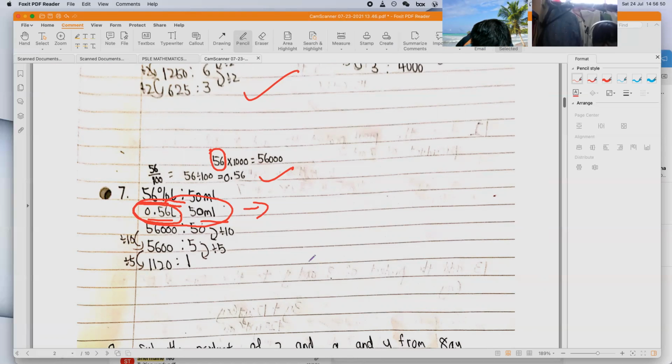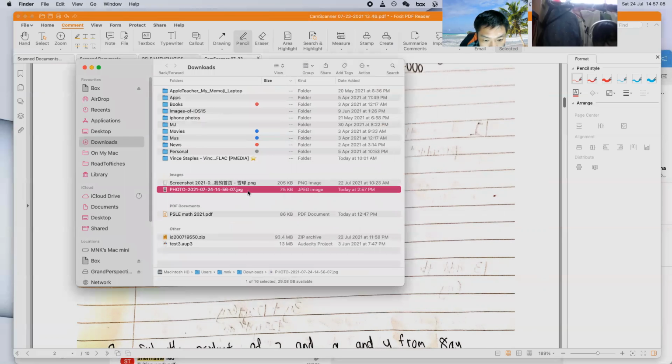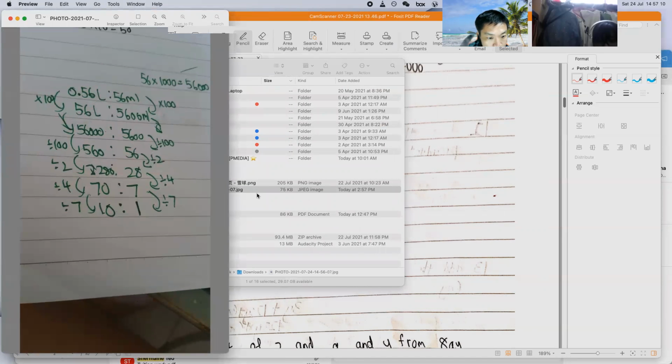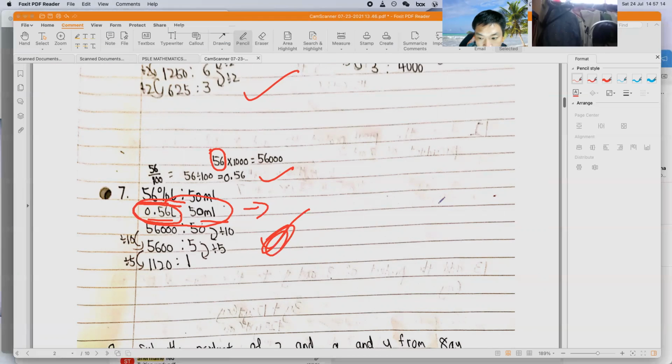Then you change it. Okay, good. No, not here. I mean your, okay, let me send it to my this. Okay, so this one is correct. Good. Next.